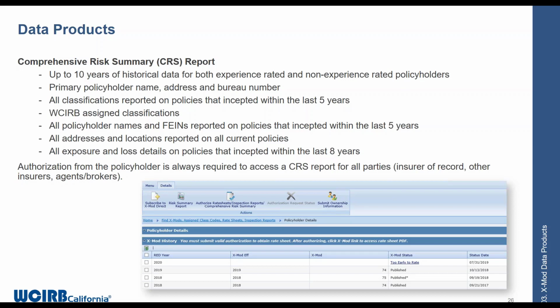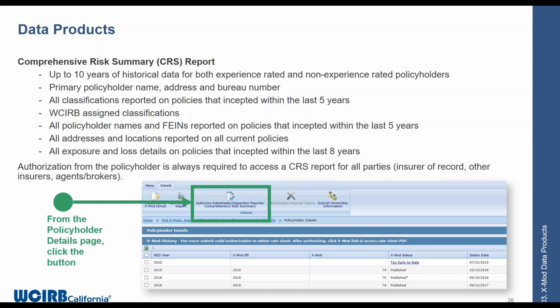This does require authorization from the policyholder. So even though you're the insurer of record and you may have all of this information, you can only obtain this comprehensive risk summary report if you've gotten authorization from the policyholder. That authorization goes through the same process that we talked about before with the DocuSign.